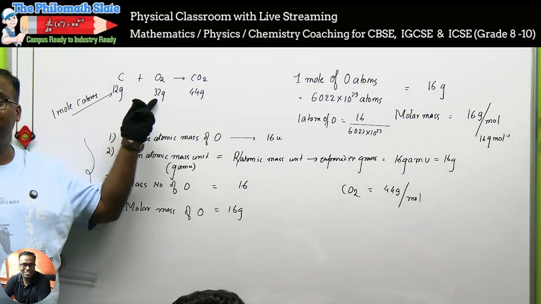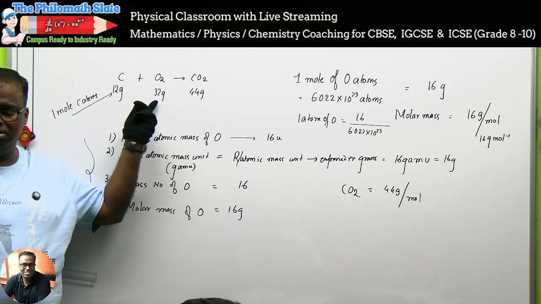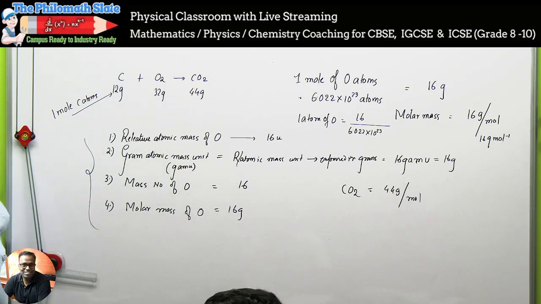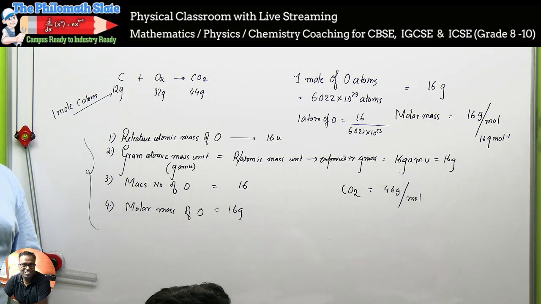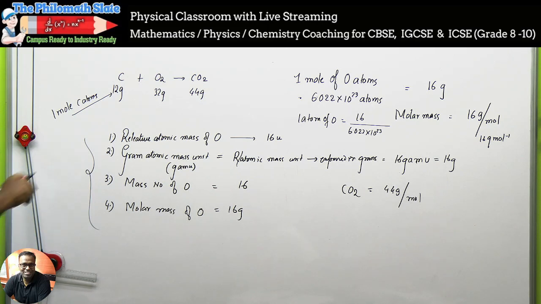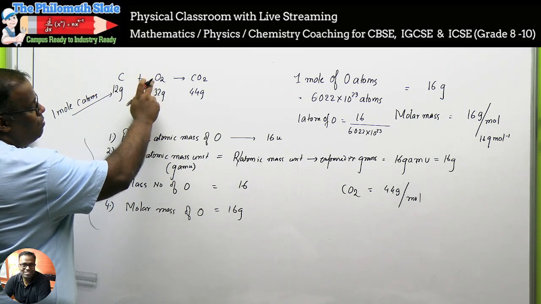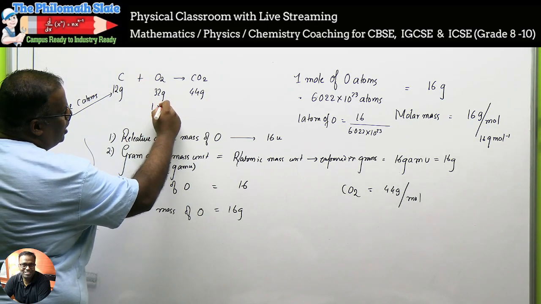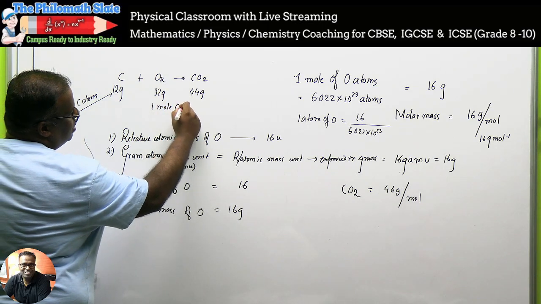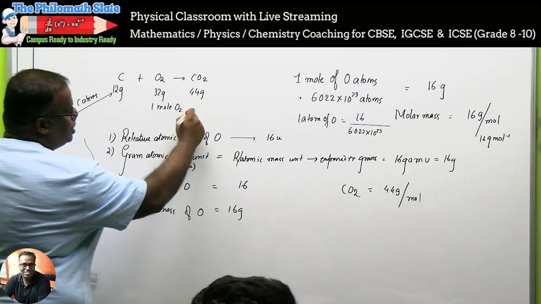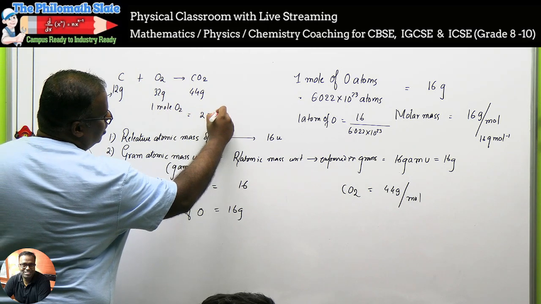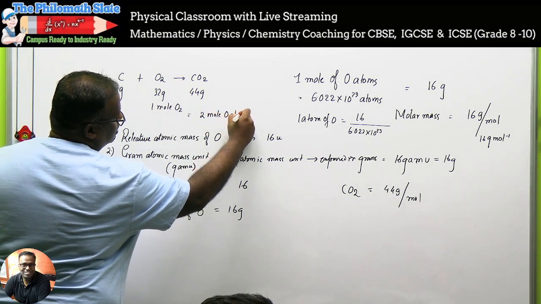In order to make 32 grams, you have to bring 2 mole oxygen atoms or 1 mole oxygen molecule. This is the molar mass of oxygen molecule.